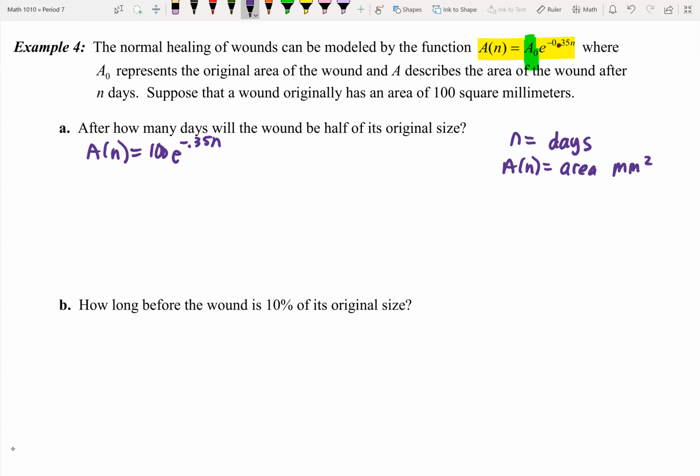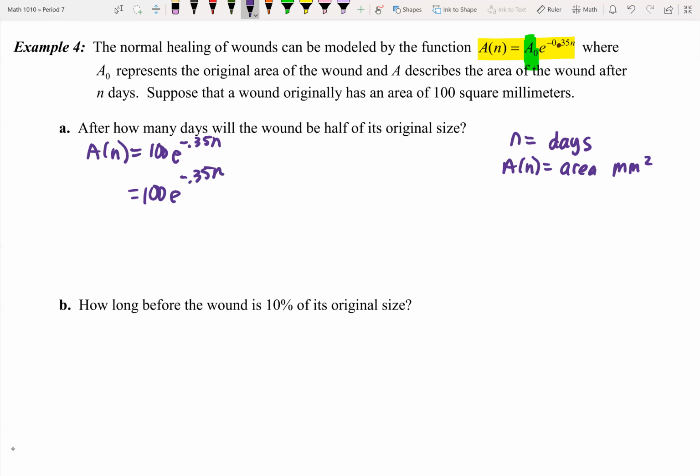Okay? So question A, after how many days, freeze right there, after how many days, day stands for n. I know I'm trying to find my n. So my whole right-hand side is just going to stay the way it is because they want me to find n.